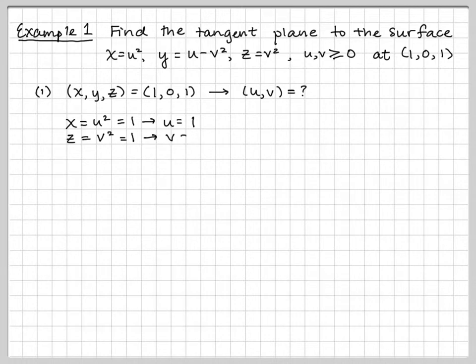And again, v is going to be 1. I'm just going to double check that these values work in the parameterization for y, which is u minus v squared. 1 minus 1 squared is 0, so that does confirm the point (1, 0, 1). And so I know that my uv point is (1, 1).